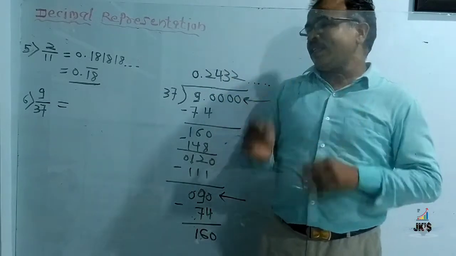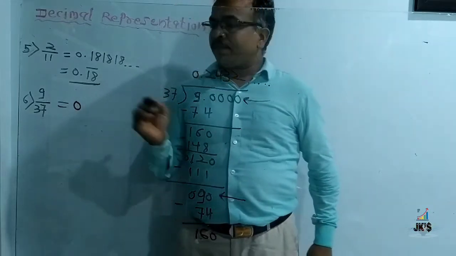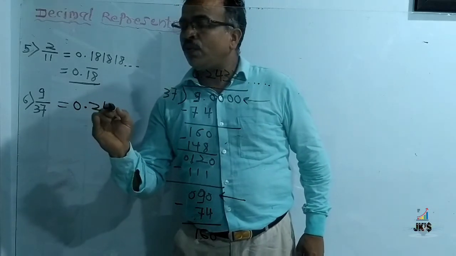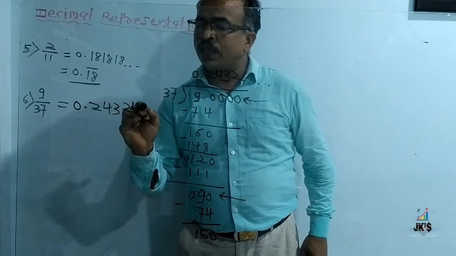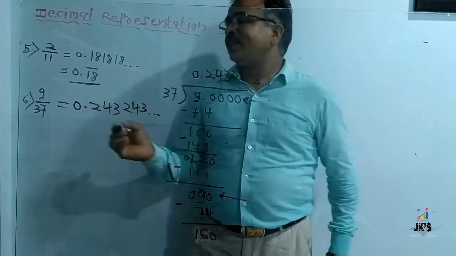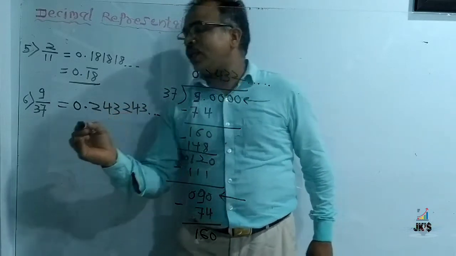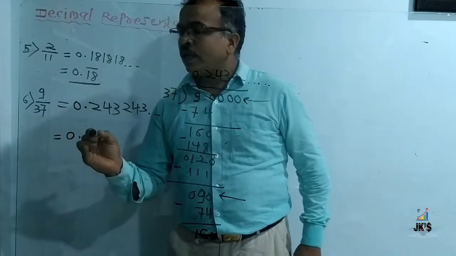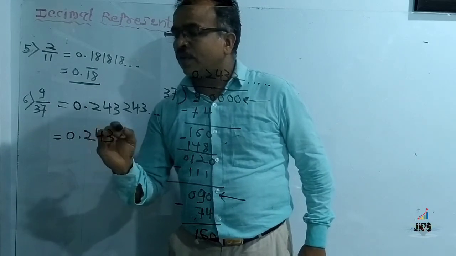We write this fraction as 0.243243, and the group that repeats is 243. So this equals 0 recurring 243.